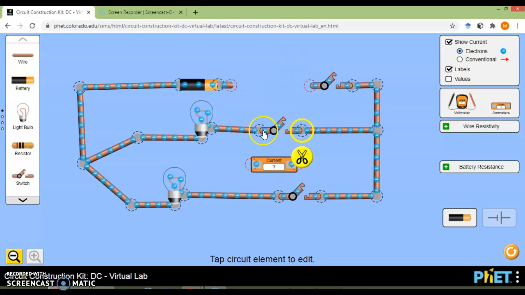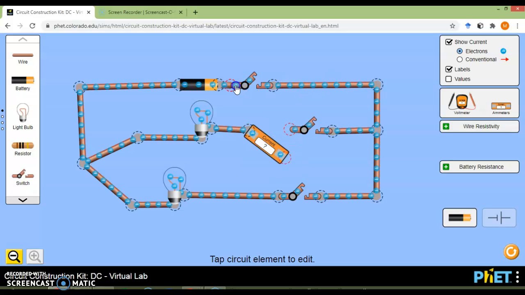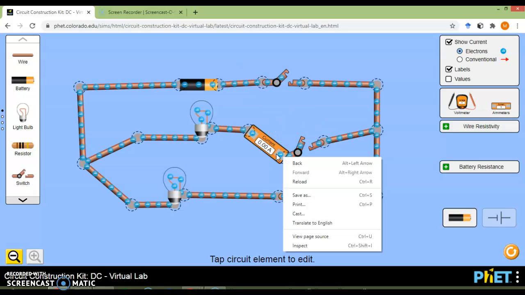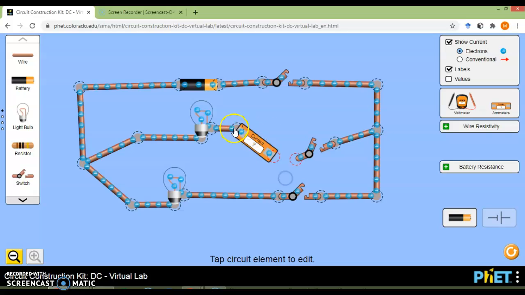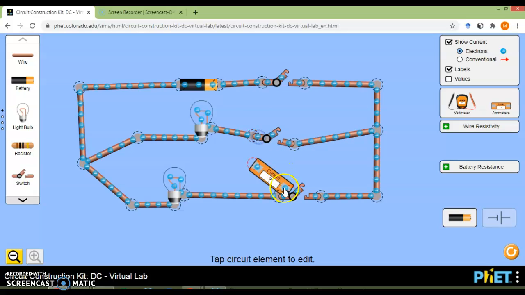And similarly for the current passing through L1, so 0, no current is passing by, and the current measured while putting the ammeter in series with L2. So this is it. Also 0 ampere, no current passed.